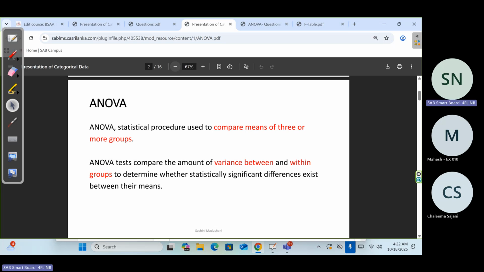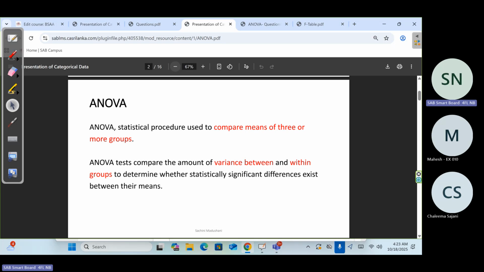Then here, when we do the ANOVA test, we have 2 sources. One source, here we analyze the variance between groups, and the variance within groups. So we have two sources: one is the variance between groups, the other is the variance within a group.